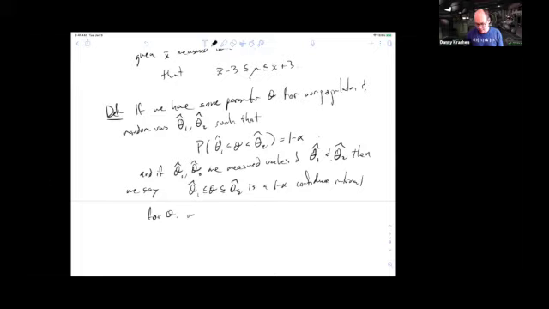We say that little theta 1 hat and little theta 2 hat are the lower and upper confidence limits, and 1 minus alpha is called the degree of confidence.